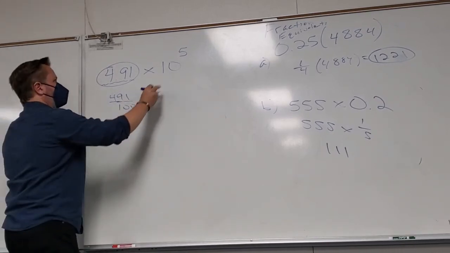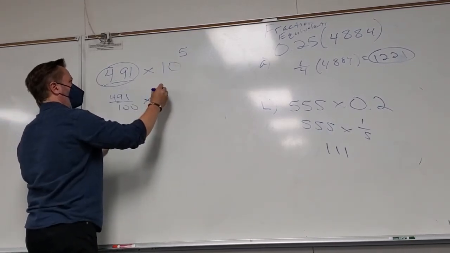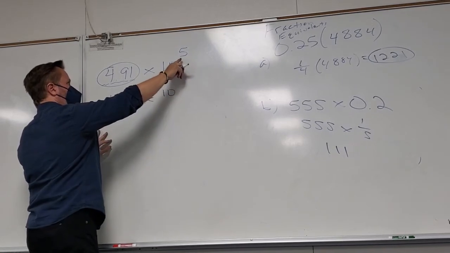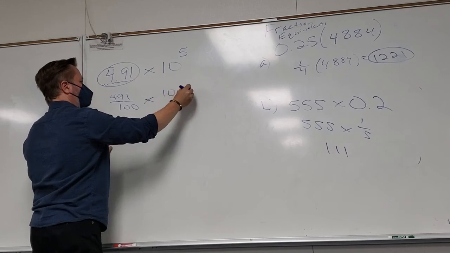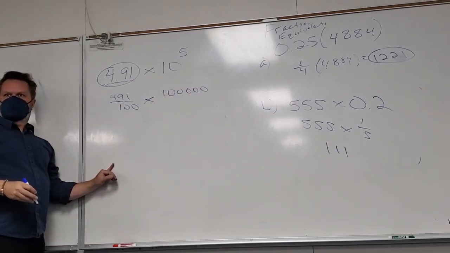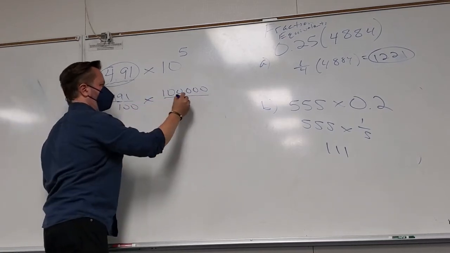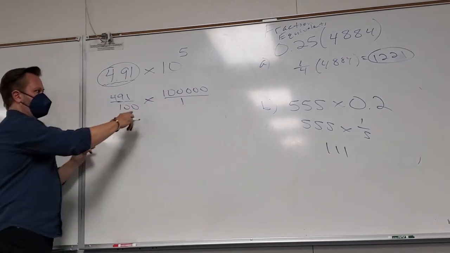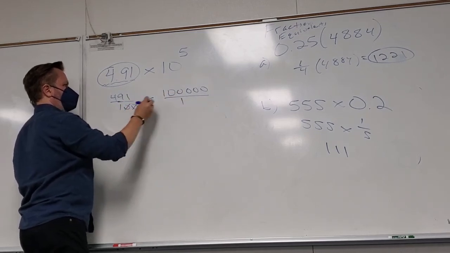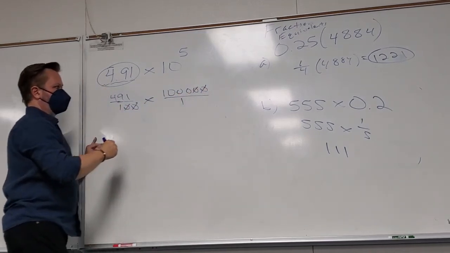And what does 10 to the 5th look like? 10 times 10. Sure, but how many zeros will it have? 5. Good. And I could put this over 1 if I want to, right? So what happens here? So 2 zeros. Bam, bam, bam, bam.